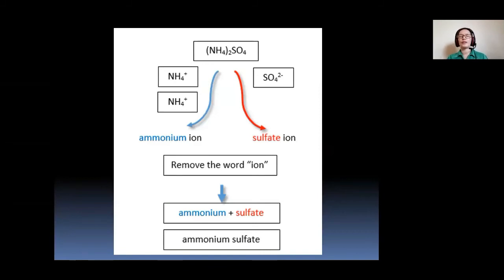So the cation here, the positive, is the ammonium, and the polyatomic ion is sulfate. So this is actually a combination of two polyatomic ions. But in the rule, name first the cation, which is ammonium, followed by the polyatomic ion sulfate. So this compound is simply named as ammonium sulfate.